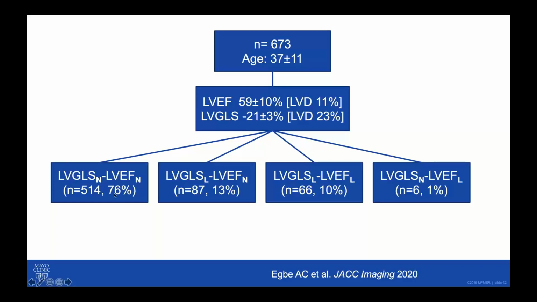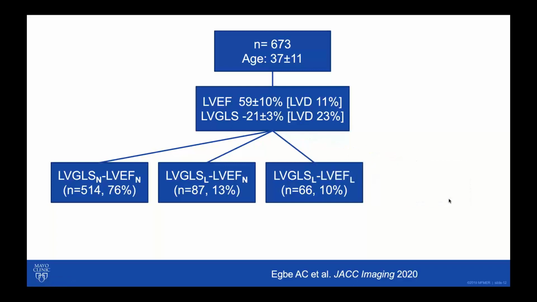So normal, low LVGLS and normal EF, like the patient I just presented, low GLS and low EF, and normal GLS and low EF. There are only 6 patients in this last group, so it's too small for analysis, so we excluded them.